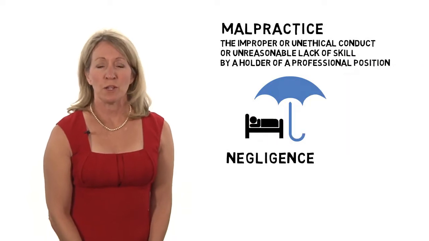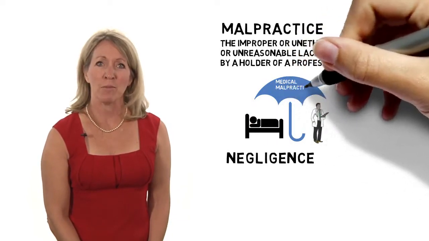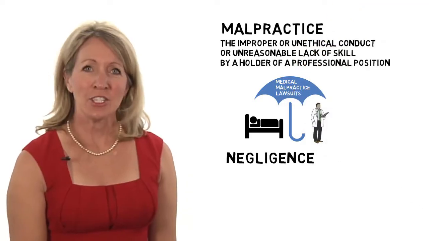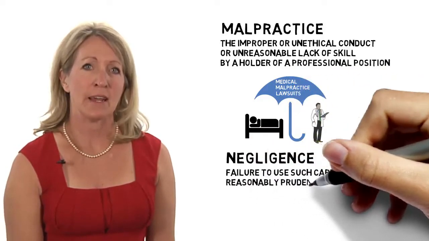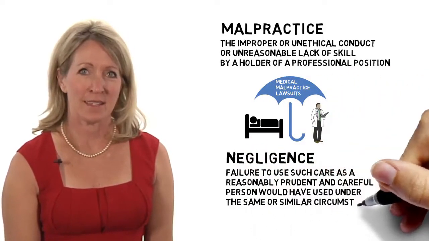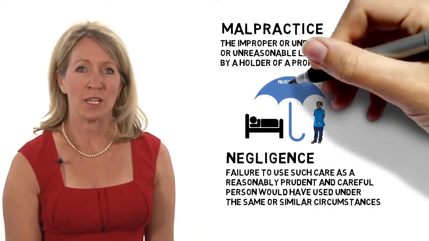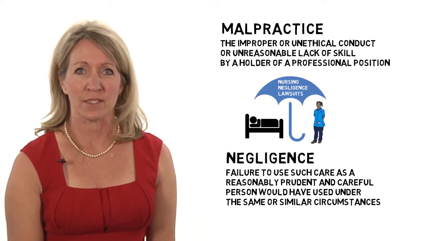Malpractice is the word most frequently associated with lawsuits involving doctors, as in medical malpractice lawsuits. Negligence is defined as the failure to use such care as a reasonably prudent and careful person would have used under the same or similar circumstances. Negligence is a word frequently associated with lawsuits involving nurses, as in nursing negligence lawsuits.